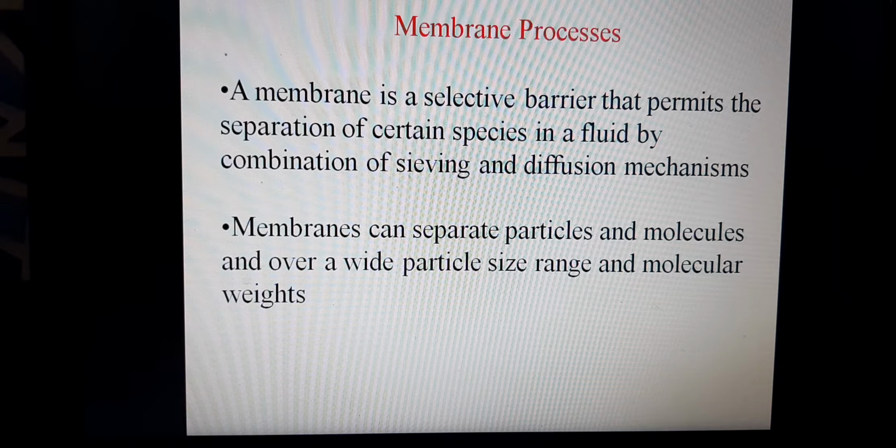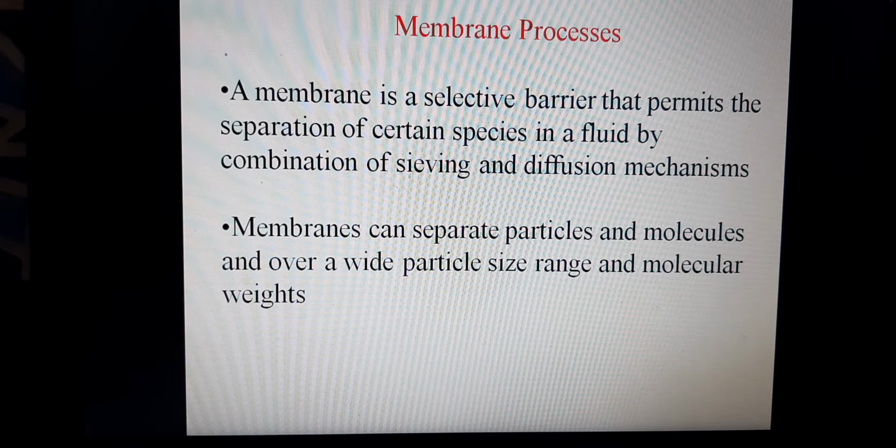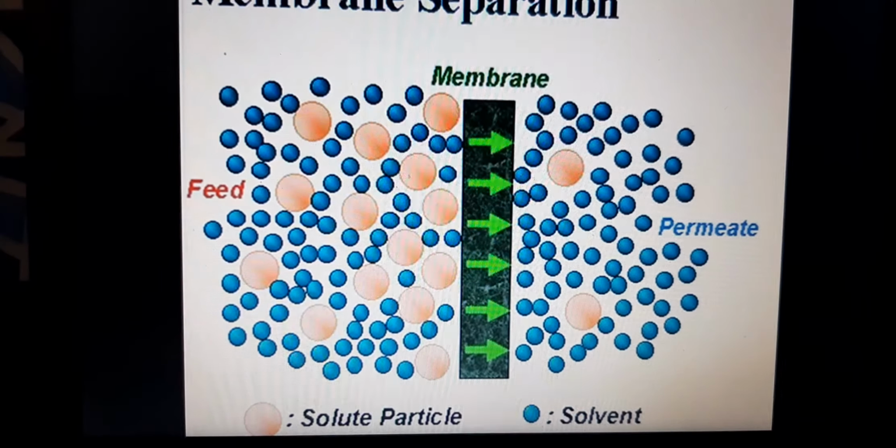It is a combination of sieving and diffusing mechanisms. Sieving means it works as a mesh, and it diffuses the unwanted things to the membranes. So membranes can separate particles and molecules over a wide particle size range and molecular weights also. So this is the membrane process.